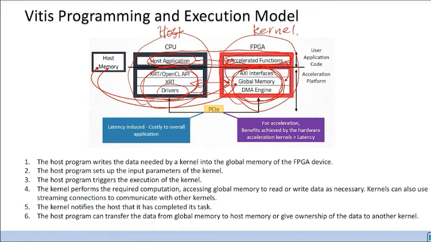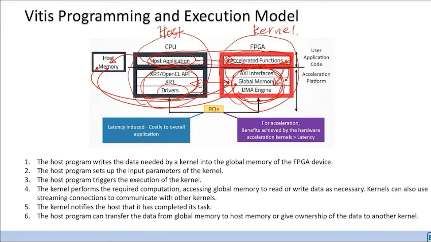So how does it work? The kernel function always works with the global memory. The process of the host program and the kernel function is: first, the host application program has to prepare data and put it into the host memory.